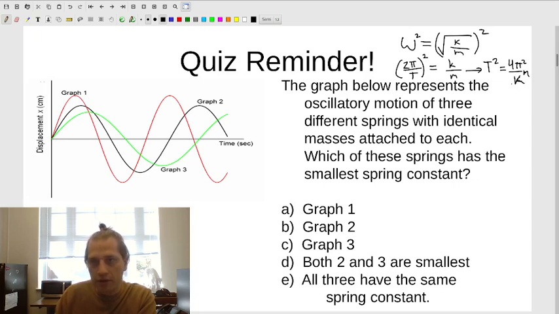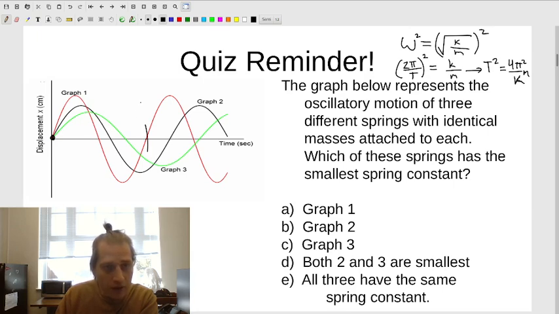So the bigger my k, the smaller my T would be. So now I can look at this graph and try to figure out how their periods compare. They all start at the same displacement at t equals 0. So let's just go all the way up, all the way down, and back.